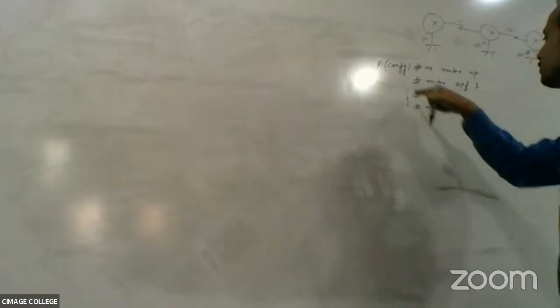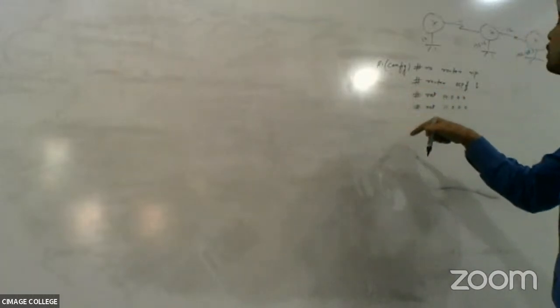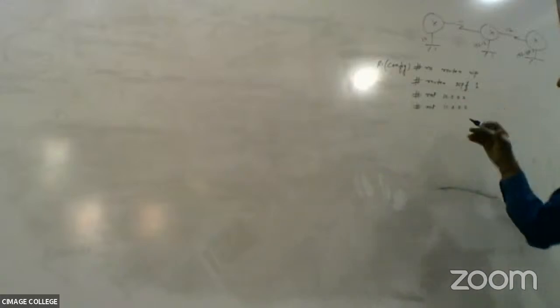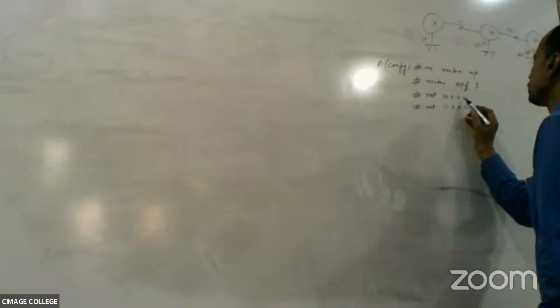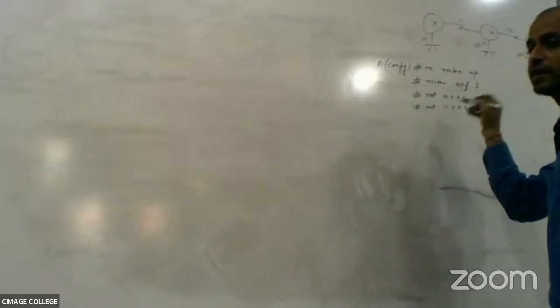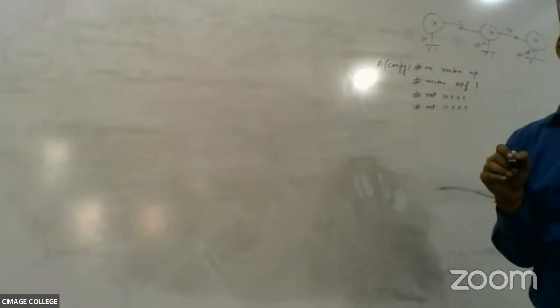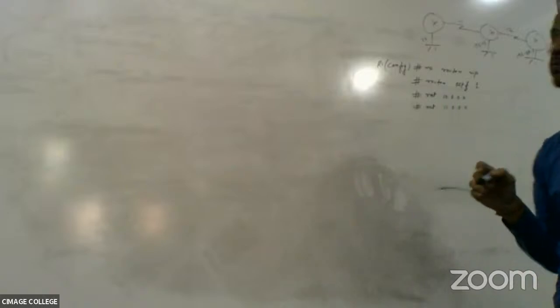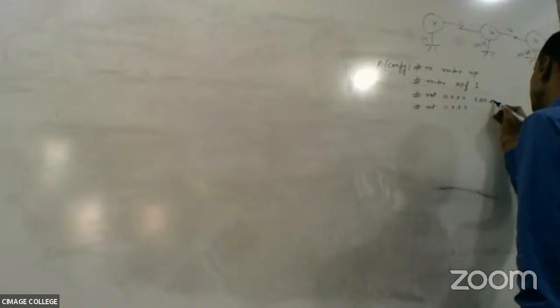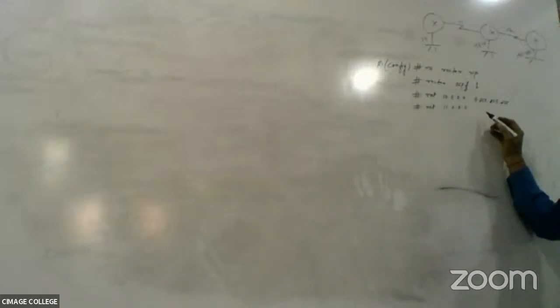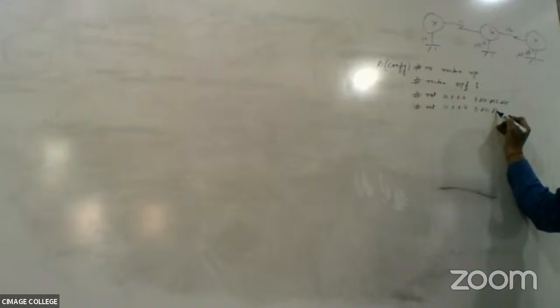But in OSPF, we have to add some more information with this network information. Look, network 10.0.0.0. After that, we have to write the wildcard mask. The wildcard mask will be 0.255.255.255. Same in the next step, 0.255.255.255.